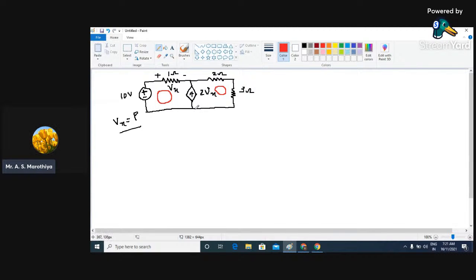No doubt this current source is not an independent current source, it is a dependent current source, but again it is a kind of super mesh. That means if we have a common current source, whether it is dependent or independent, it is possible to solve that numerical through the super mesh technique. So let us consider that the value of current flowing through mesh 1 is say I1, and it is in clockwise direction.